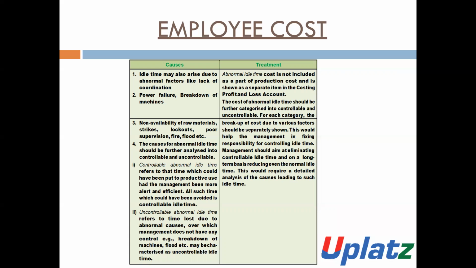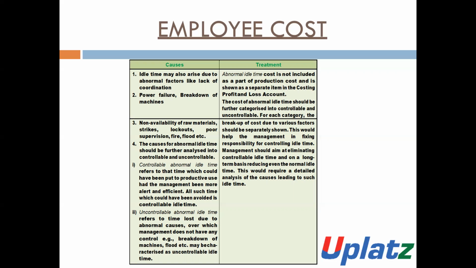Then, the treatment: the abnormal idle time cost is not included as a part of production cost, and it is shown as a separate item in the costing profit and loss account.